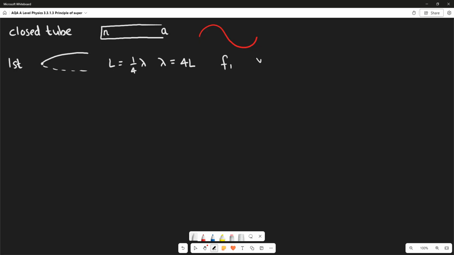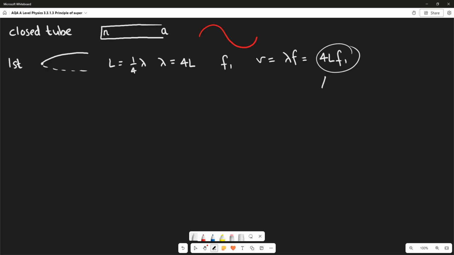Let's work out what the velocity would be on this string in terms of the frequency of the first harmonic and the wavelength of that first harmonic. So we know that velocity is equal to the wavelength multiplied by the frequency, which in this case is 4L multiplied by the first harmonic. So that is the value for velocity that we're going to be using.